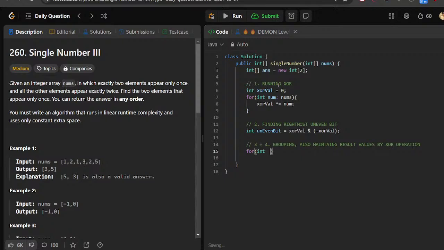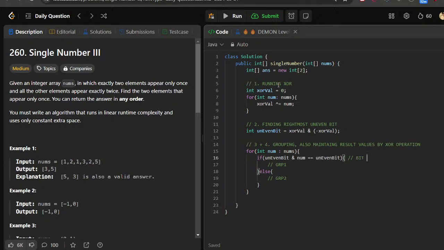For int num in nums, if uneven bit and num equals uneven bit, group 1, else group 2.